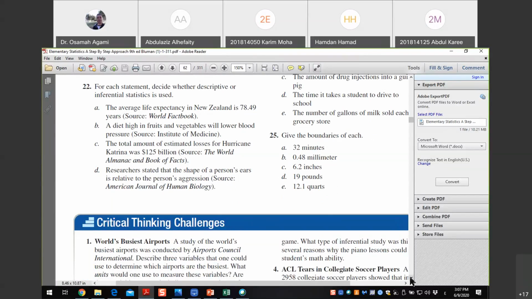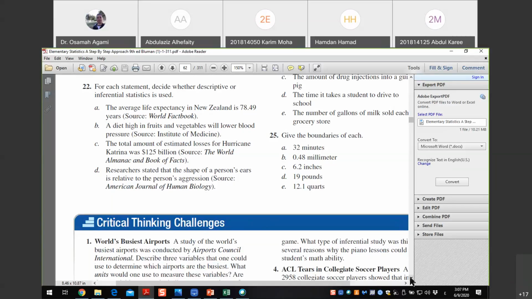Descriptive. Yes, because it is describing this one only. A diet high in fruit and vegetables will lower blood pressure. Inferential. This is inferential because up to the study, you get this statement, right? You cannot notice yourself, right?